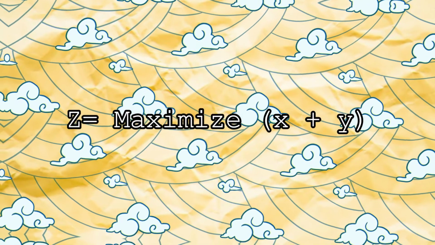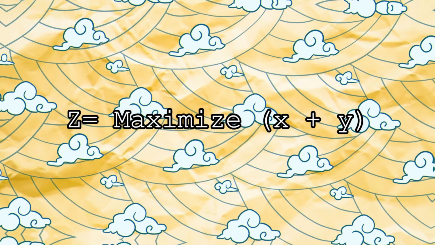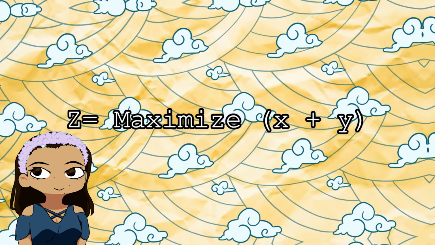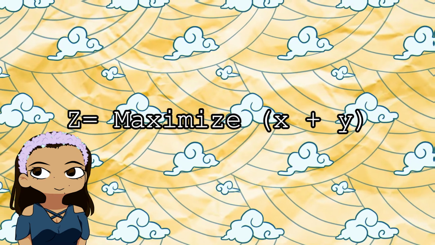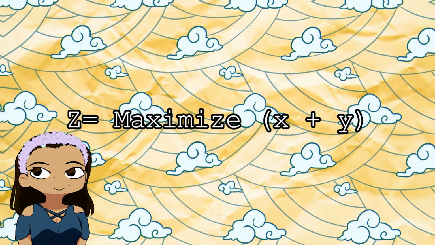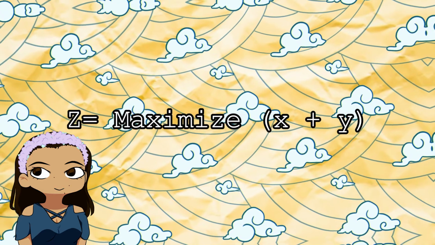Z equals maximize X plus Y. We will explain the objective function in case your answer was wrong, so that you have a better understanding of the problem.